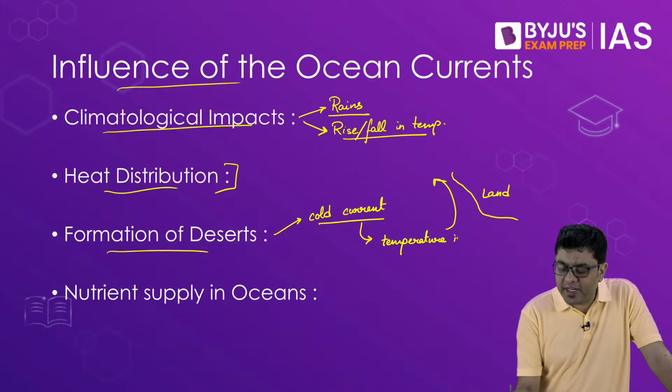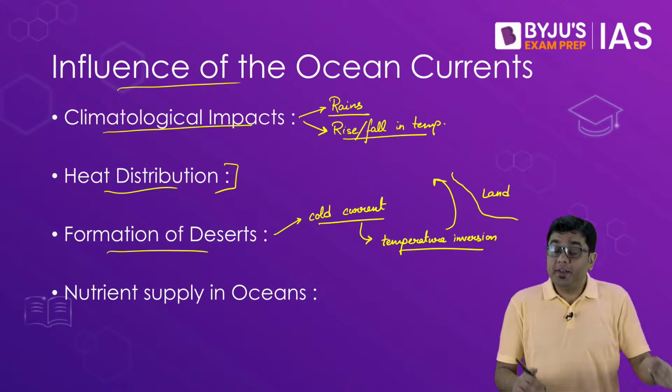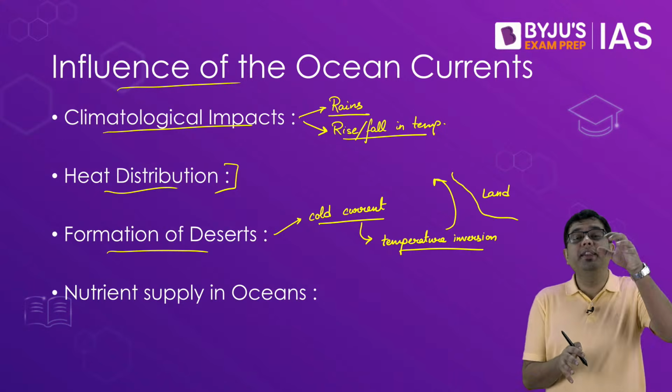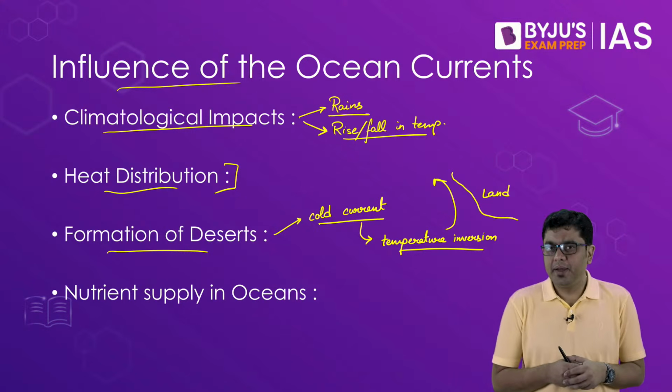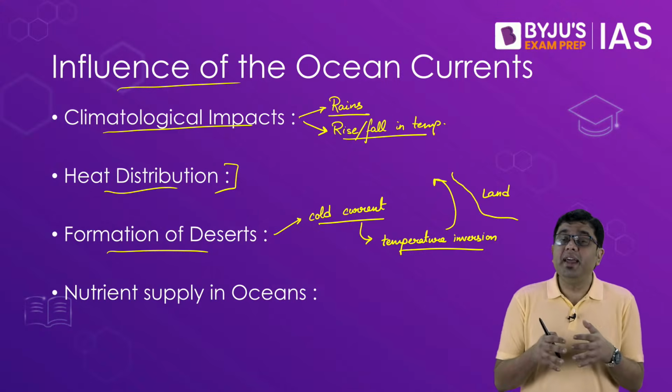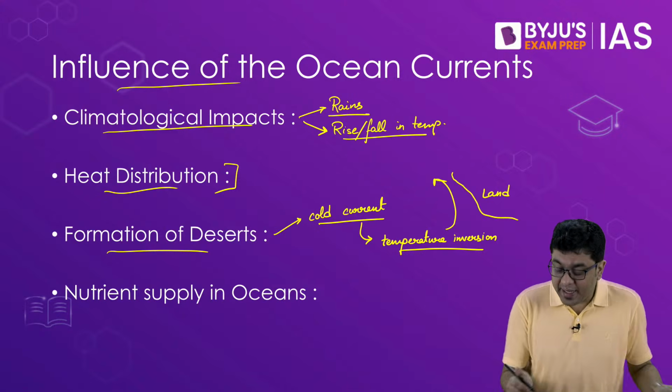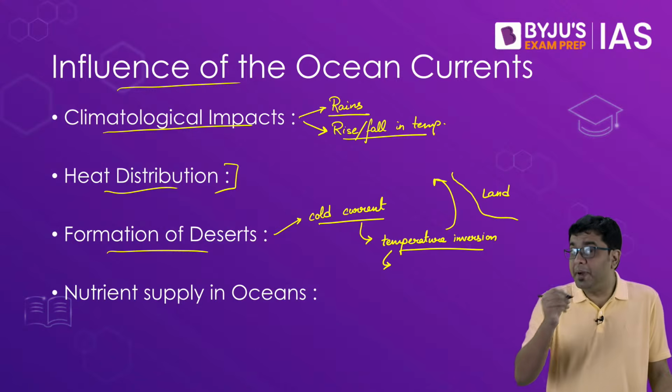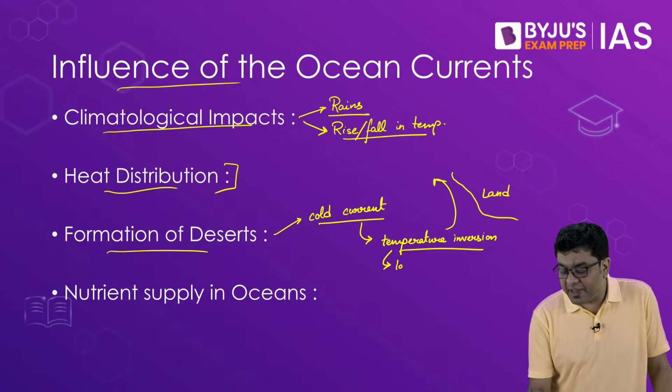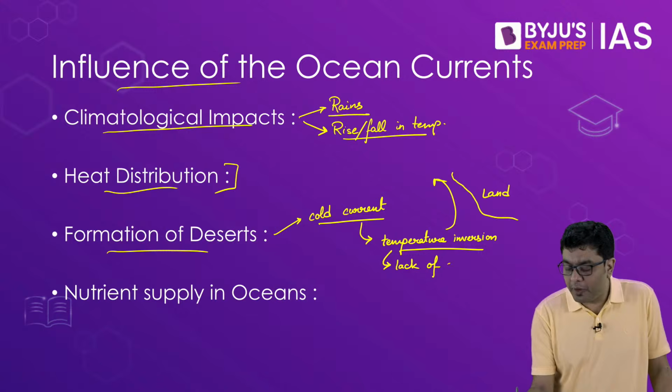Now, what is this condition of temperature inversion? This is a condition where the lower air temperature is colder and the upper air temperature is warmer. As a result of this, a kind of stability is attained, and because of the stability of the atmosphere, you have an absolute lack of rainfall.